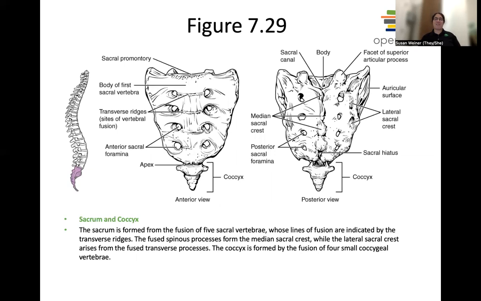Now coming down to the sacrum, this is different. Here they're actually fused together by the time you're a full adult. These are fused together and they form part of your pelvis. They actually have a joint, a sacroiliac joint, with the ilium of your pelvis.